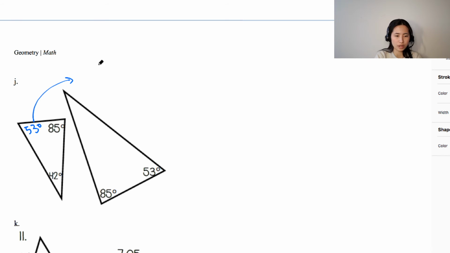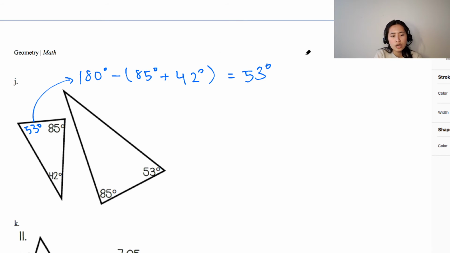Okay, so again, how do I get that? It's 180 degrees minus 85 degrees plus 42 degrees. So once you've calculated and punched this into your calculator, this is supposed to be 53 degrees, right? So as you can see, this is 53 degrees, so you're most likely going to be similar, right? So maybe we can find this.